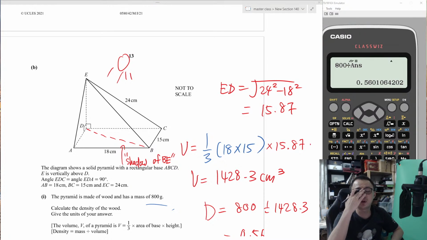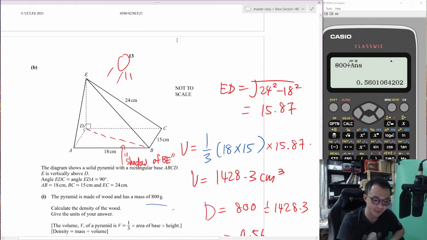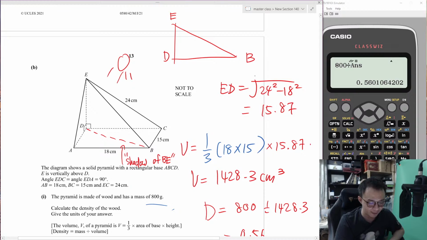Then what we need to do is use this shadow to form a right angle triangle here. I'm not sure you can see or not, but this is E, this is D, this is B. Over here, I have E to D is 15.87.